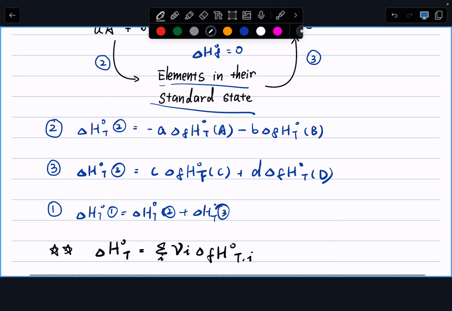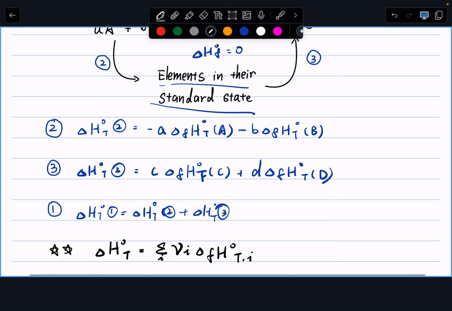Again, it's more like GenChem, but broken down into a more physical chemistry setup. Product minus reactant. How are we feeling so far? No questions? Okay, sounds good.